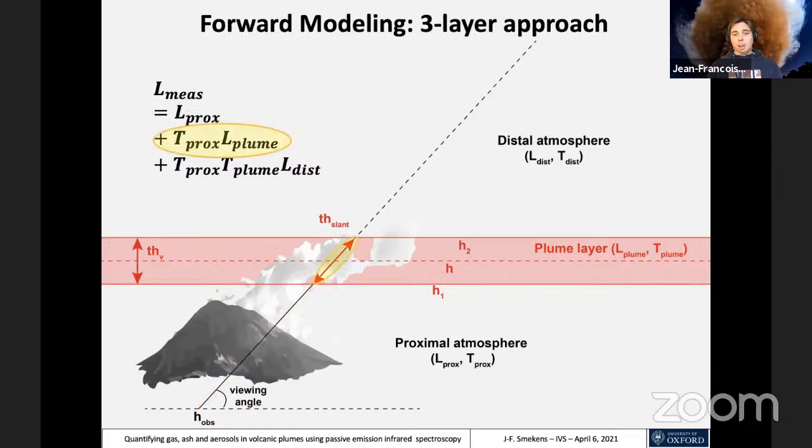And the second one is the emission of the plume components themselves, which then has to pass through this proximal layer. And then the third one being the emission of all the top of the atmosphere, which passes through the plume and the proximal layer.